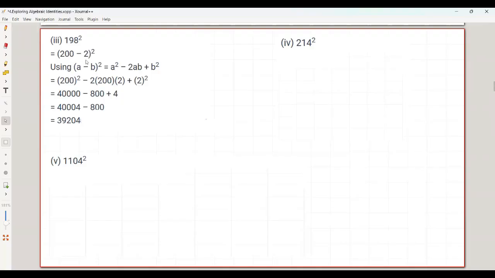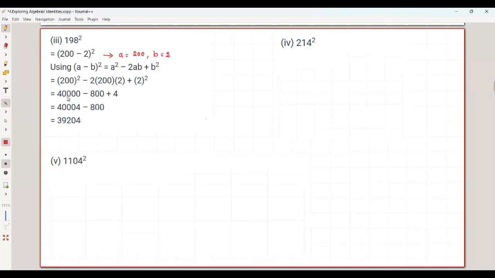So the (a - b) whole square formula you can use: a square minus 2ab plus b square. Here a is equal to 200 and b is equal to 2. Replace a is 200 and b is 2.